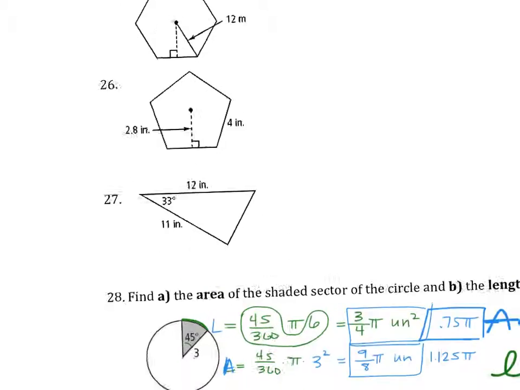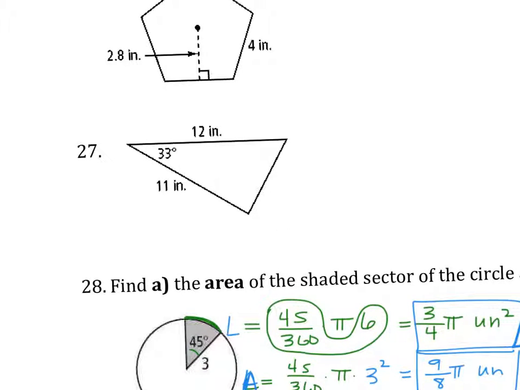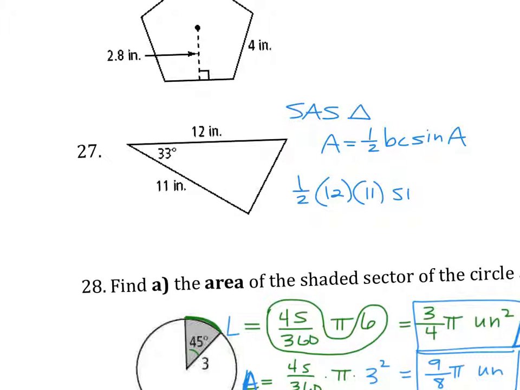27. Okay, this is another one that I feel like gets overlooked because you're so used to, like, you look at it and you go triangle, and it is a triangle, but this one is a more specific triangle. This is the SAS triangle. So put this formula on your cheat sheet. The SAS triangle is this formula, 1/2 times B times C times the sine of the angle. So you're doing 1/2 times 12 times 11 times the sine of 33.